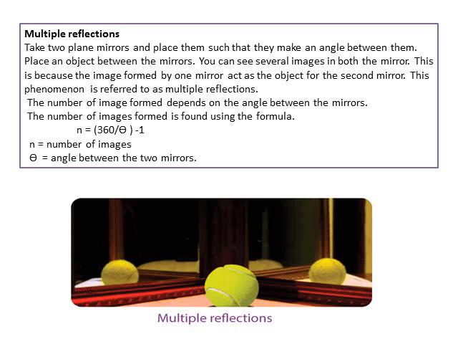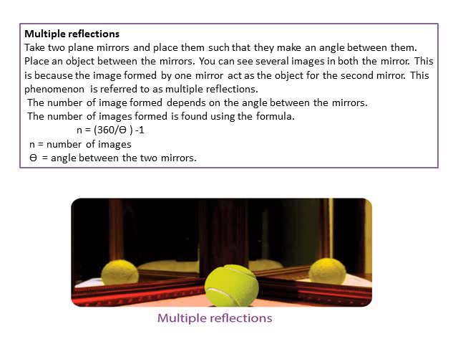So like this, multiple images are being formed due to multiple reflections. So the object will be only one, but a number of images will be formed because of the plane mirrors which are kept inclined to an angle. So this is the process or basic of multiple reflection.